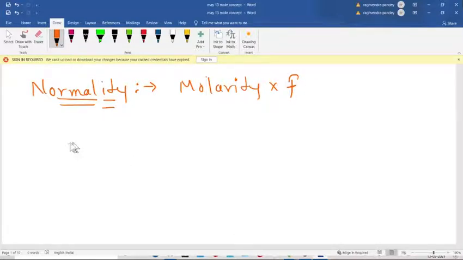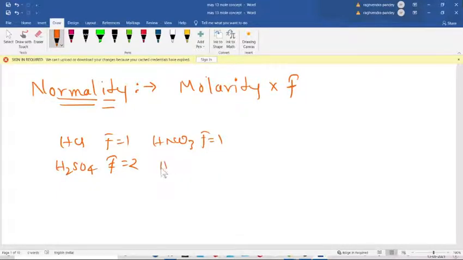Now I told you for HCl the F is equal to 1. For H2SO4 F is equal to 2. How many protons they are donating? HNO3 again F is equal to 1. For H3PO4, which you learned yesterday also, F is equal to 3. So that is your F, how many protons.